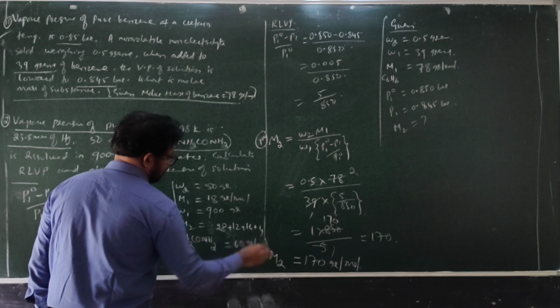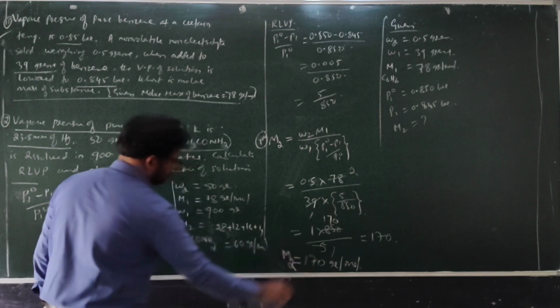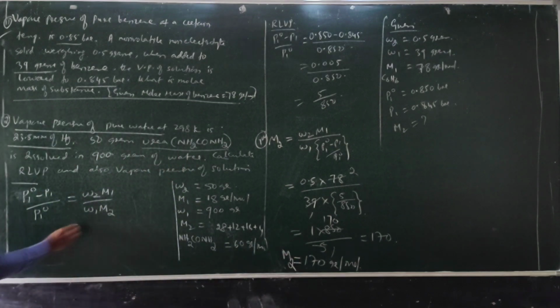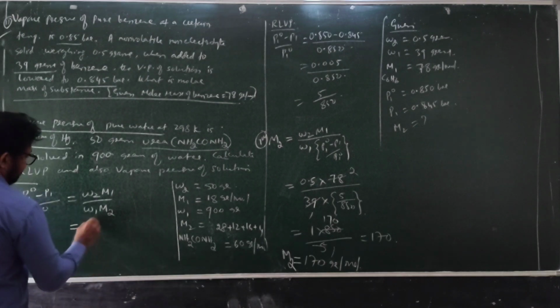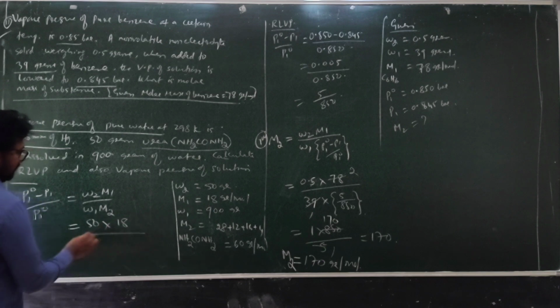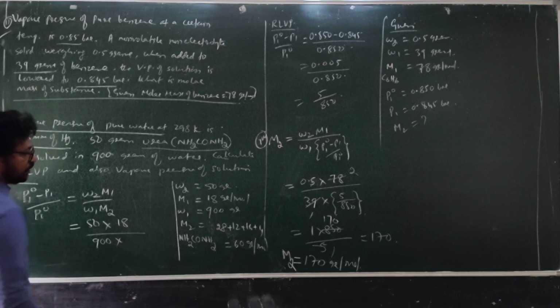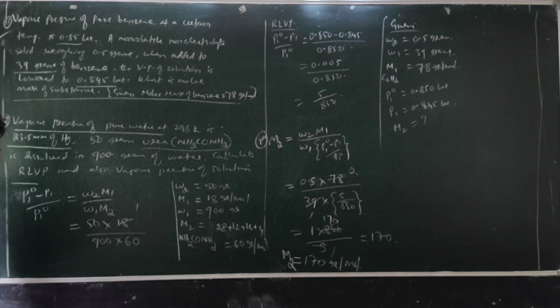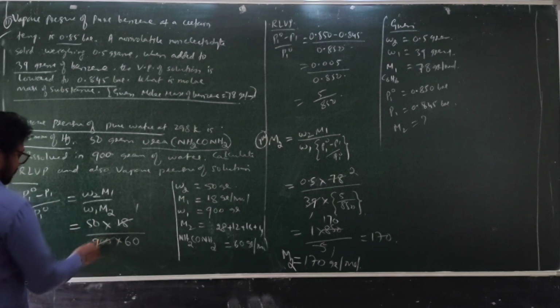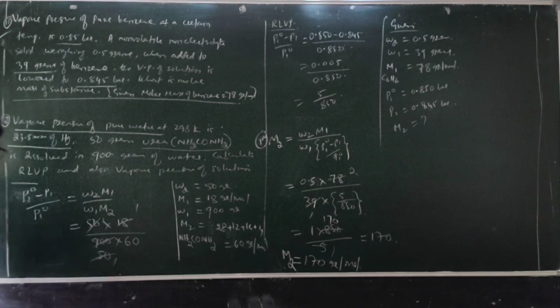Urea molar mass is 60. So substitute this. W2 50 into 18 divided by W1 900 into 60. 18 ones are 18, 900 by 18 is 50. So 50 gets cancelled. 1 by 60, right?